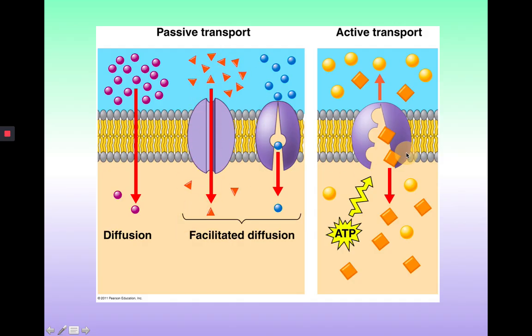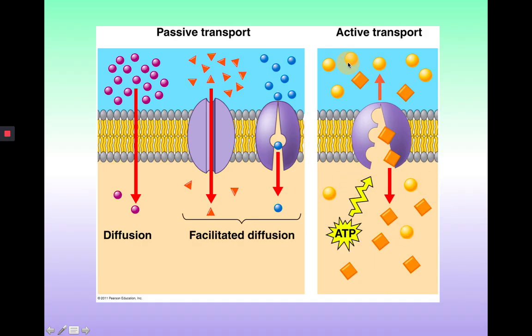Whereas with ATP, if we take a look at what's happening here, okay, the orange squares are actually moving in this direction. They're going from a low concentration to a high concentration. They're moving against their concentration gradient, okay? And we can see the same thing happening with the orange balls.